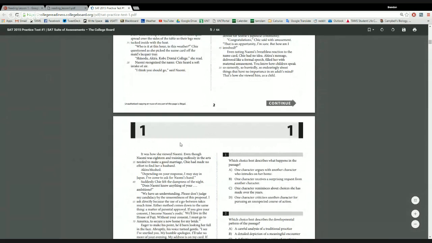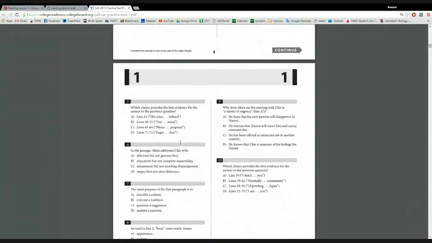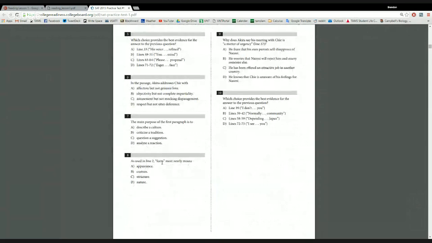So what you're thinking in your head right now is your own definition. And then you go look at the answer choices and try to match that. This is for a vocab question, as seen in question 8. So does an appearance match the definition of a procedure? No, so that's not the correct answer.